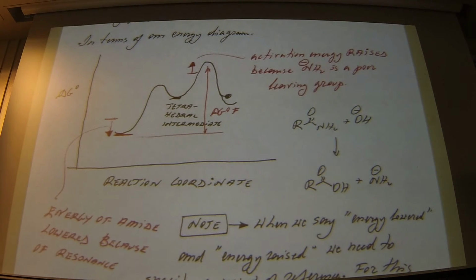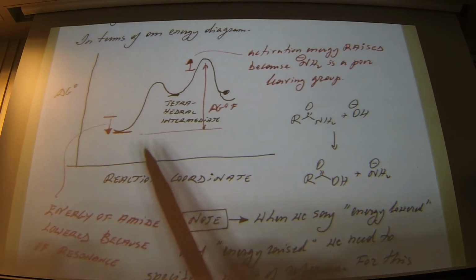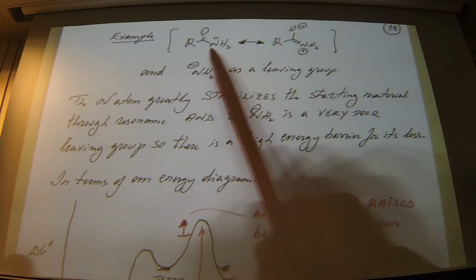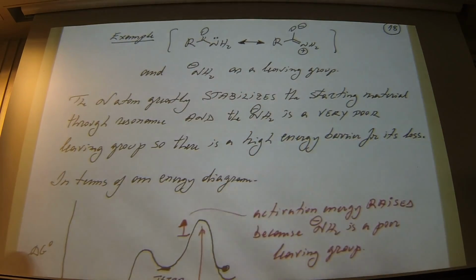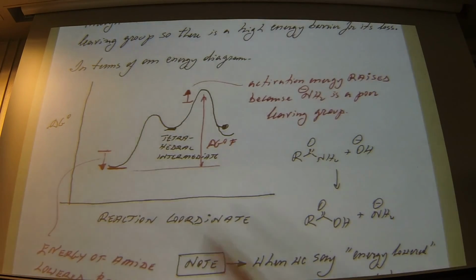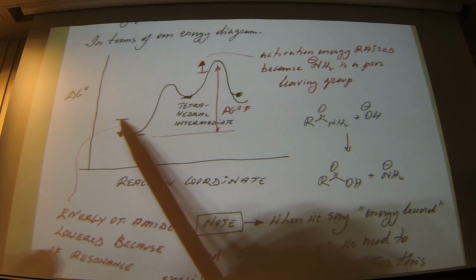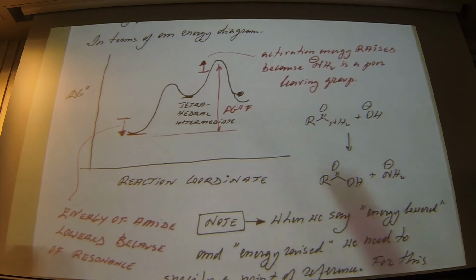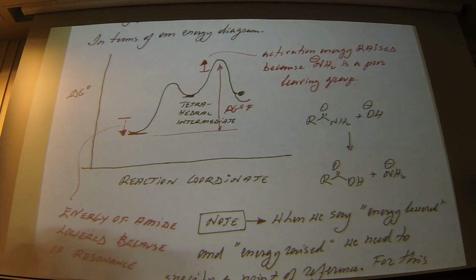So if we're talking about this reaction, the hydrolysis of an amide, then compared to an ester, we'll take the ester as being kind of the average, the point of comparison. And if an ester had a delta G naught here, then the amide is lower. Why is the amide lower?